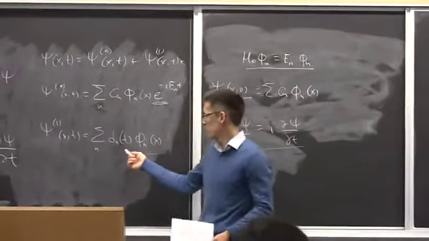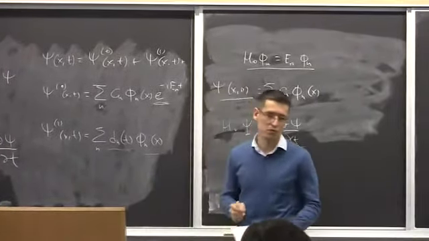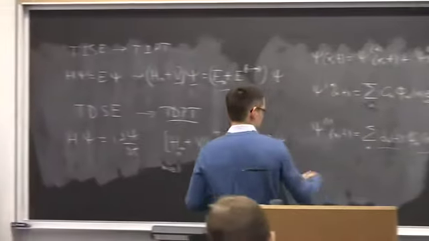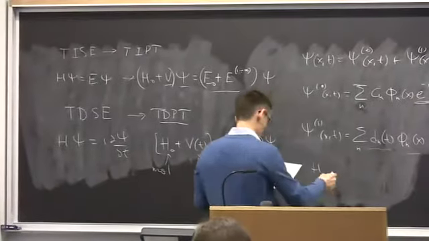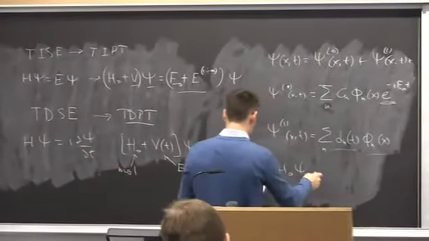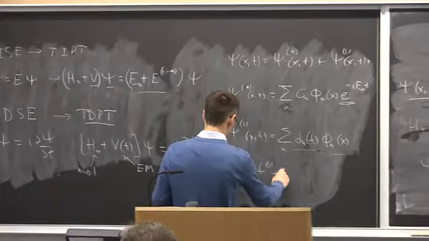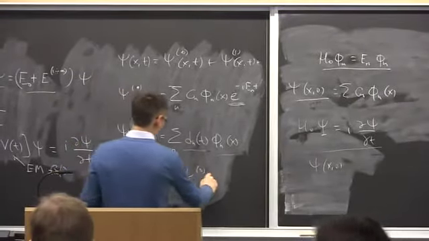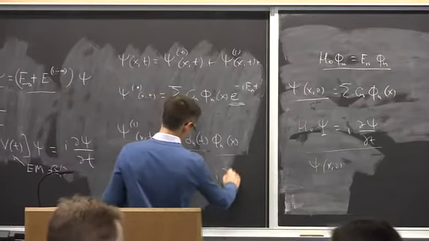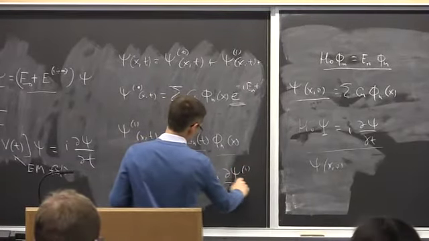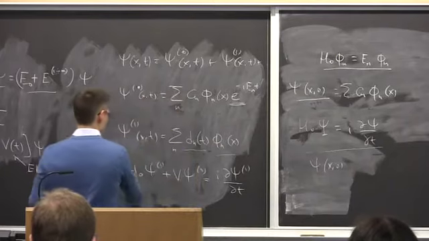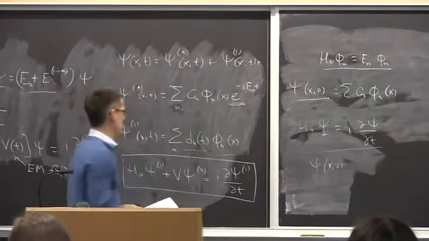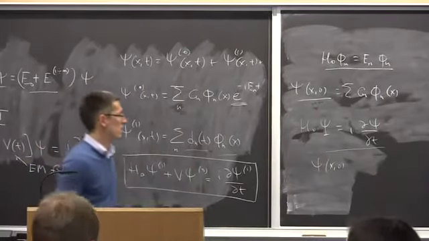And all we need now is to find the equations for d_n's. And that's what we did by writing the first order equations, which is H0 psi 1 plus V psi 0 gives us i d psi 1 dt, right? So this equation allowed us to obtain equations for d_n's.